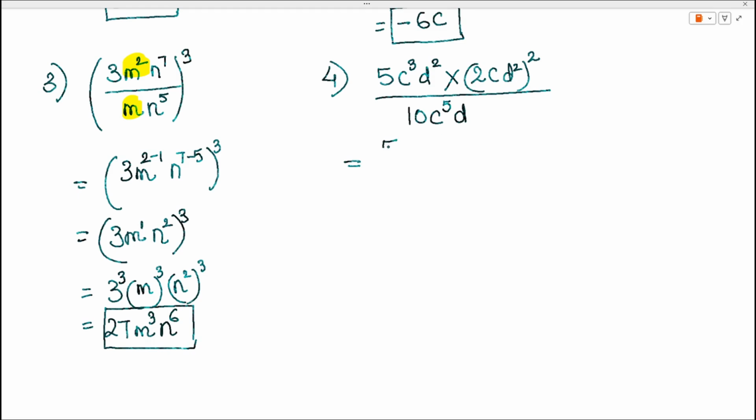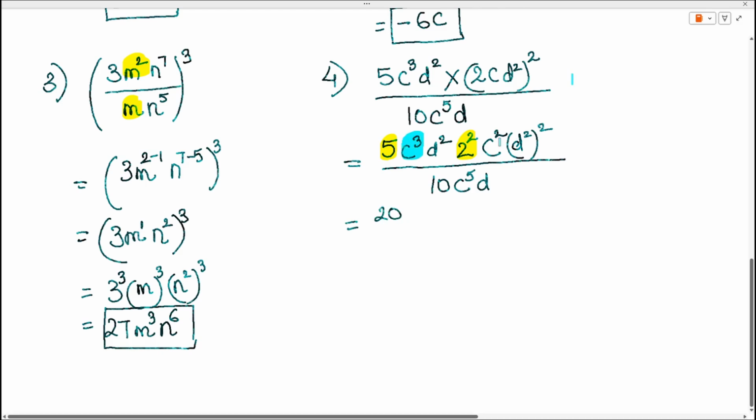So here we have the exponent 2 for this whole thing. So what we're going to do is we'll do 5c cubed d squared, and exponent 2 will be applied to everything. So we have 2 to the exponent 2, c to the exponent 2, and d square also to the exponent 2, that being divided by 10, c to the exponent 5 and multiplied by d. So this is equal to 5 times 2 square. So this 2 square gives us a 4, and that multiplied by 5 gives us 20.